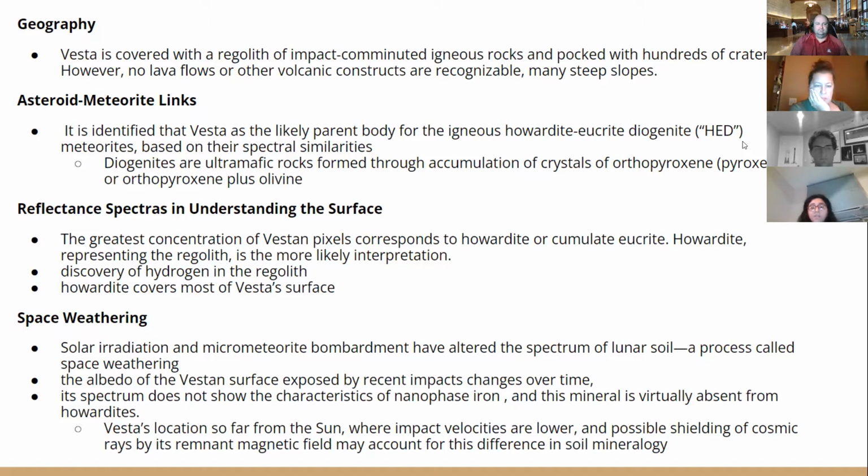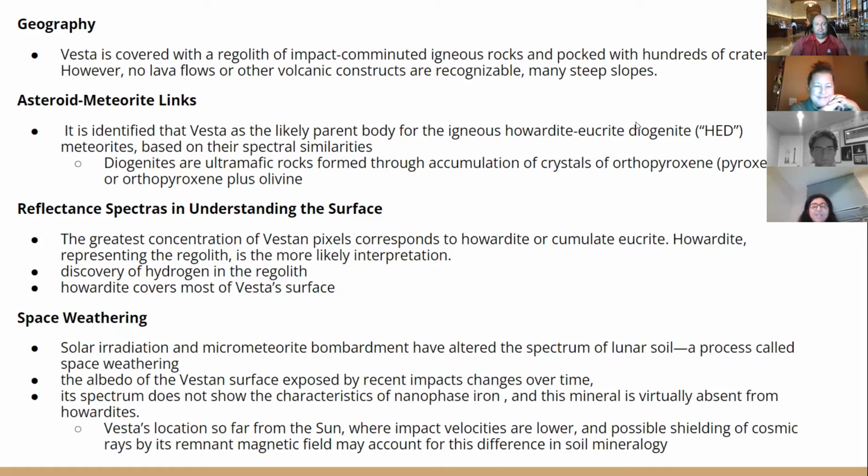So we know that howardite, eucrite, diogenite, or HED, meteorites are based off of this asteroid because of their spectral similarities. Diogenites are rocks formed through accumulation of crystals, specifically olivine and pyroxene.